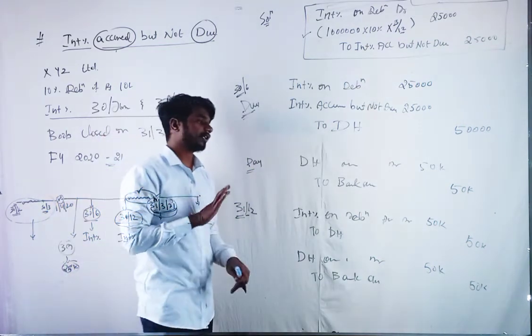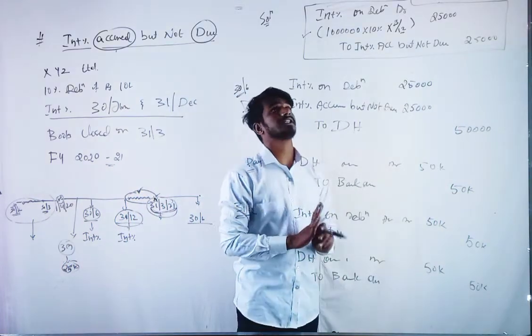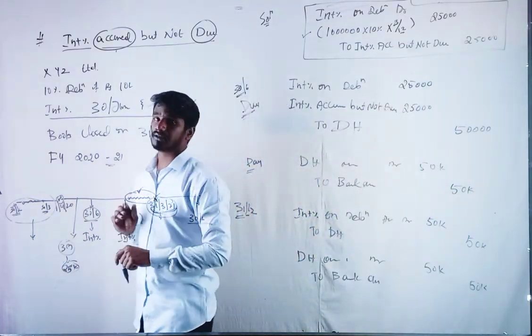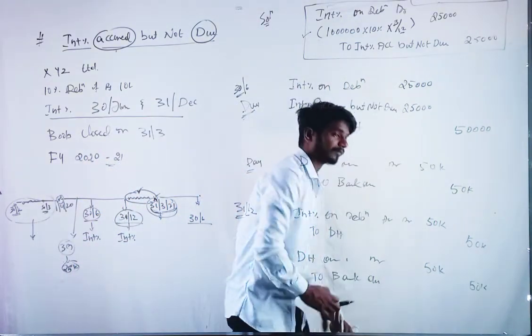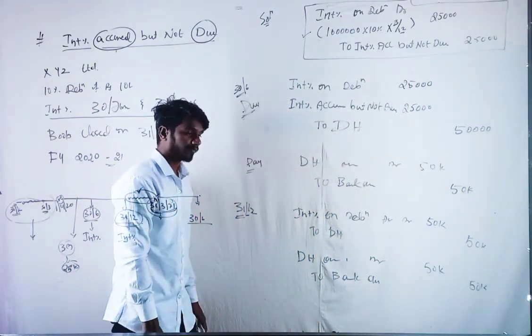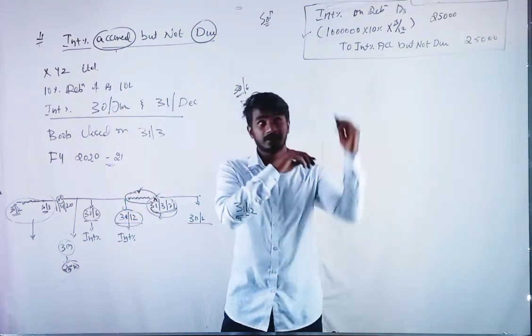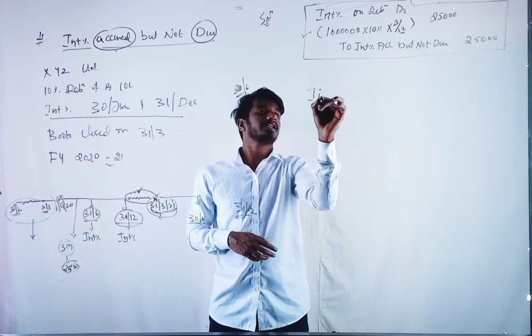We'll make the entry for year end, and we should transfer the interest to the P&L account, right? It is our expense, so we should transfer the interest amount. At the year end, what will be the entry?